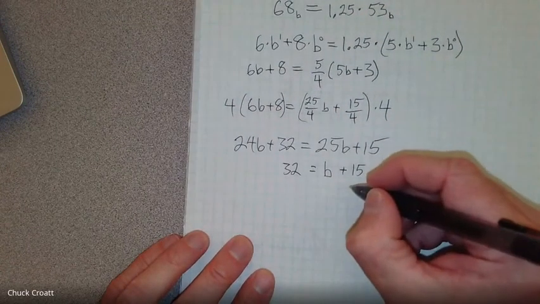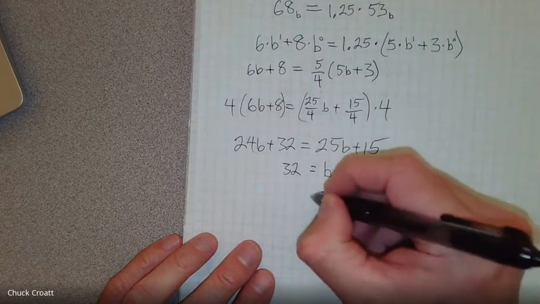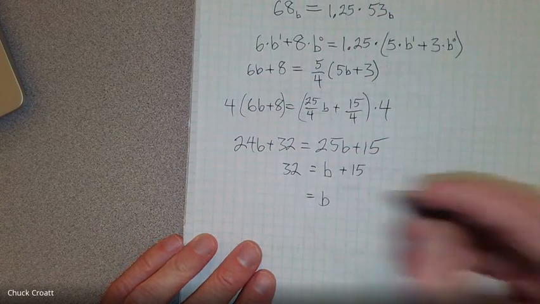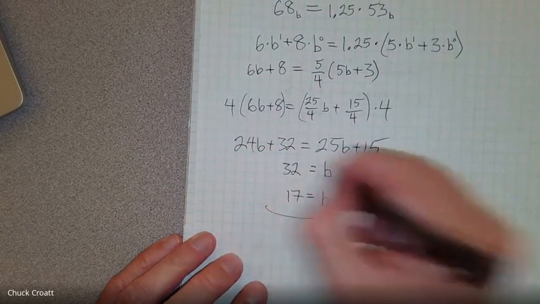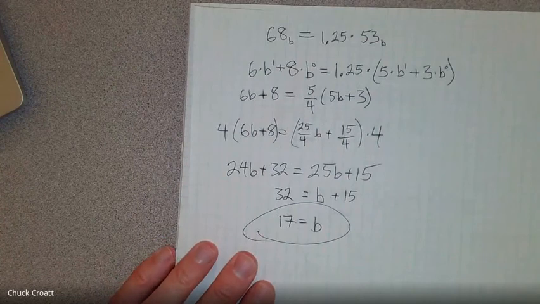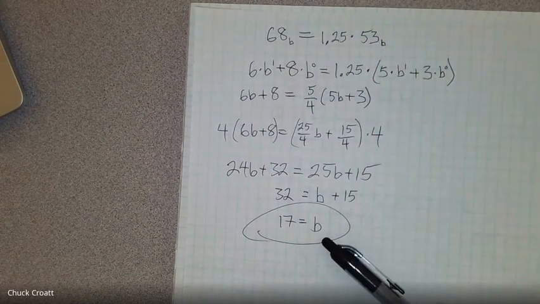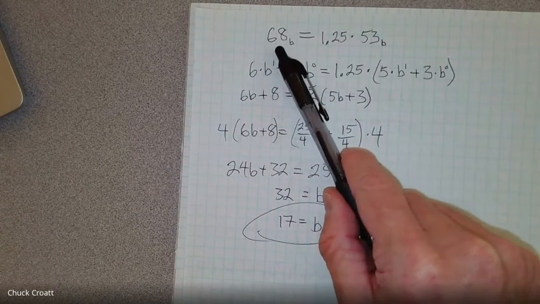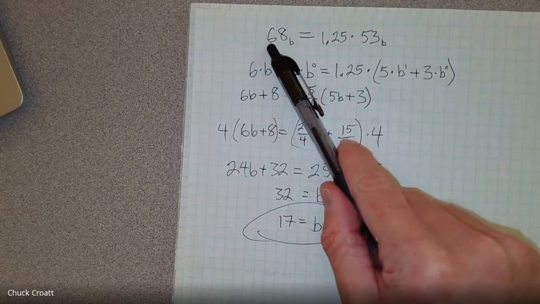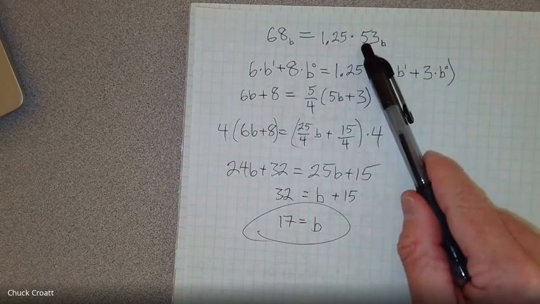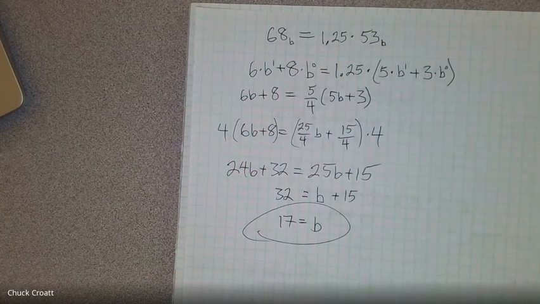And then I'll subtract 15 from both sides. And 32 minus 15 is 17, and I just got my answer. Apparently these numbers, the 68 base B and 53 base B, the number base is base 17. So this is not just 68, this is 6 17s plus 8, and this is 5 17s plus 3.